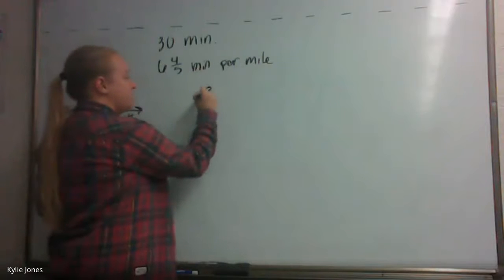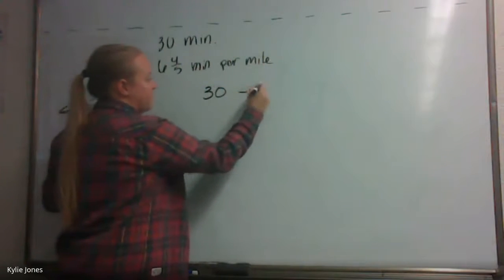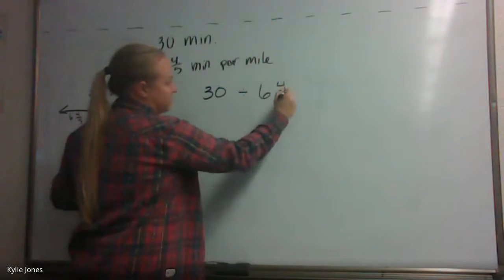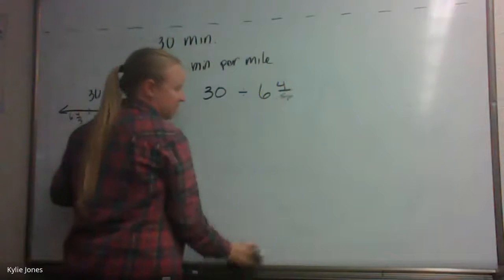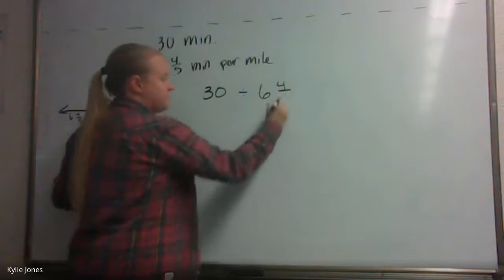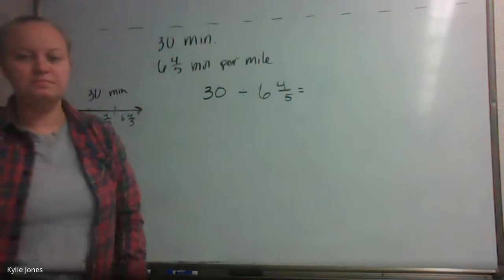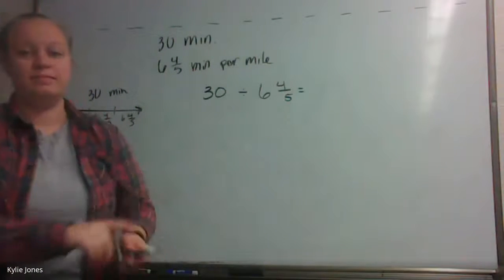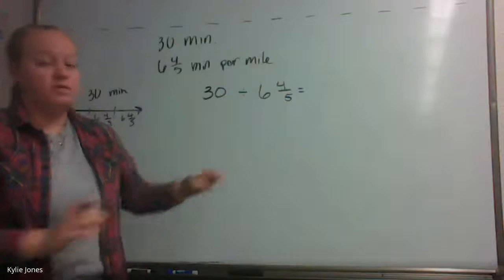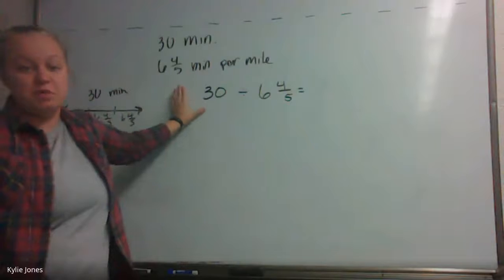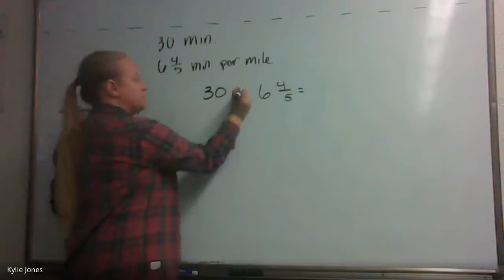So we're taking 30, dividing it by 6 4/5. Do we see how that works? Does that make some sense? Yeah. All right. So now before we do this, we need to change these both to improper fractions.